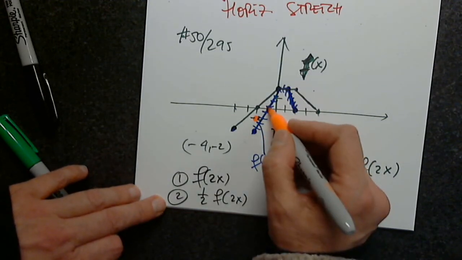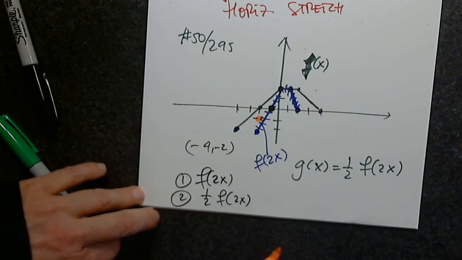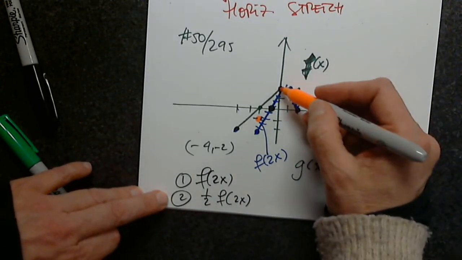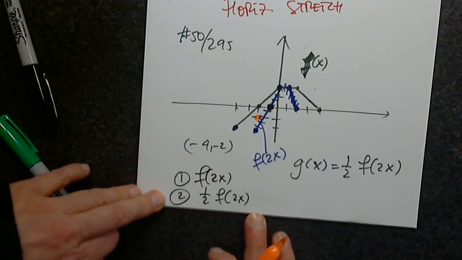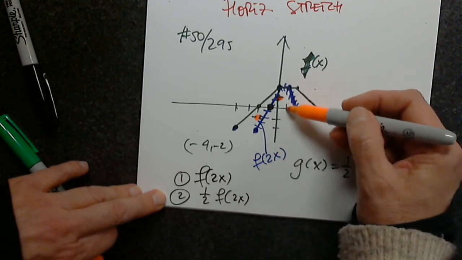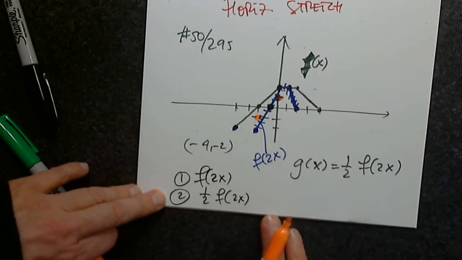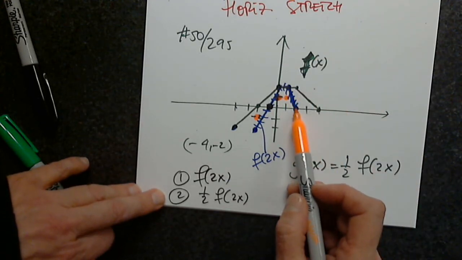This point has a height of 0. Where does it go? 0 divided by 2 is still 0. Yes. This point has a height of 2. Divide its height by 2. Perfect. This point has a height of 2. Divide its height by 2. And this point has a height of 0.